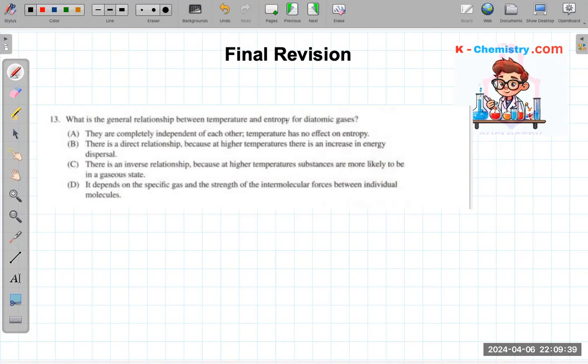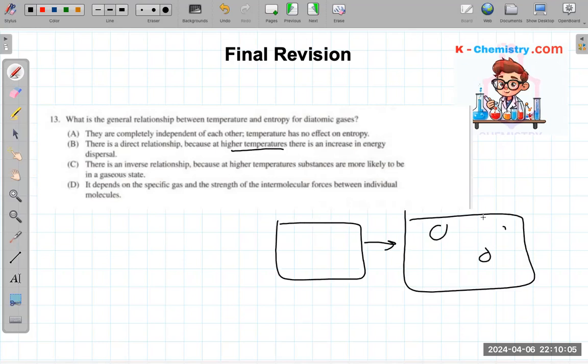It depends on the specific gas and the strength of the intermolecular forces between individual molecules. He is talking about diatomic gases specifically. So I will say, of course, at higher temperature the gas becomes more dispersed.